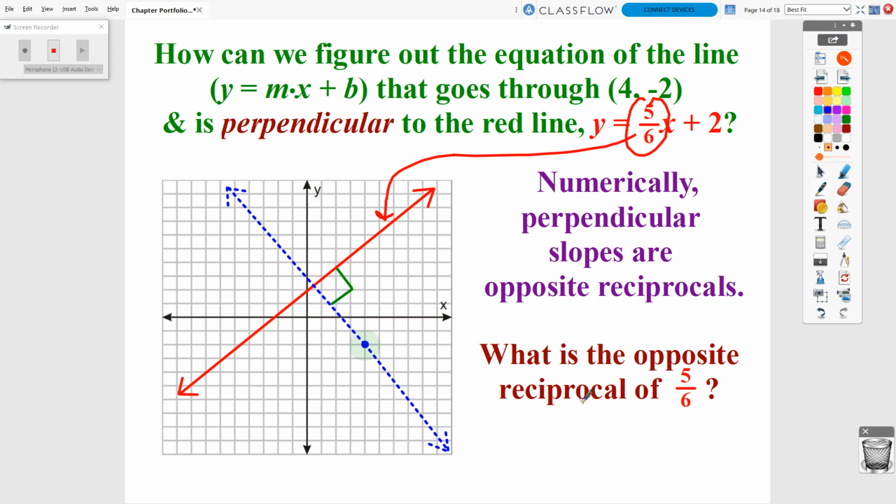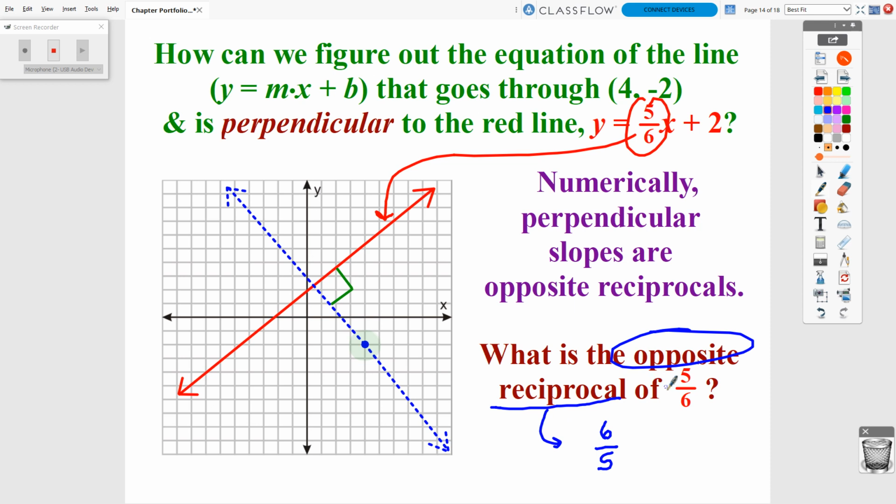Well, let's break this down here, and I'm going to start with reciprocal. Do you guys remember what reciprocal meant? Reciprocal meant you're going to take your fraction and you're going to flip it upside down. You're going to make the numerator the denominator, and you're going to make the old denominator the new numerator. So the reciprocal of 5/6 is 6/5. But now the opposite means you need to take the opposite sign of what you had.